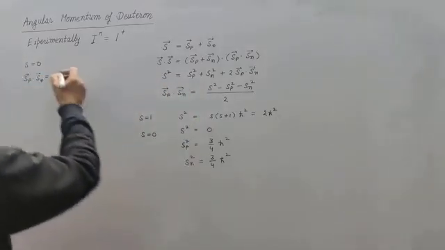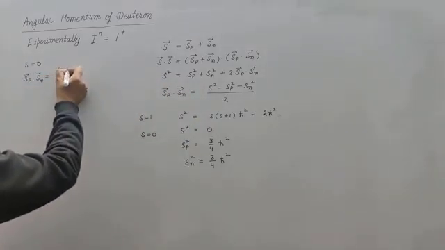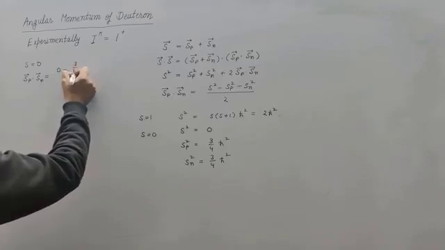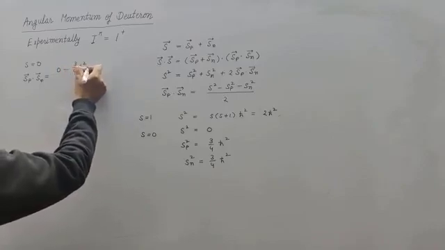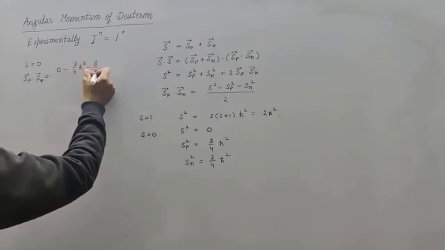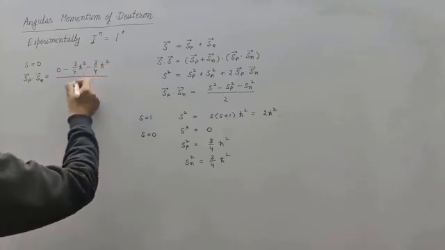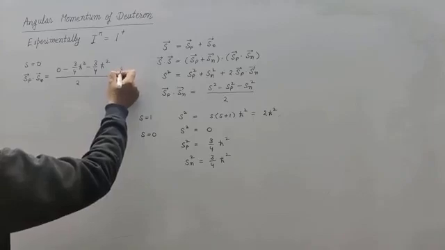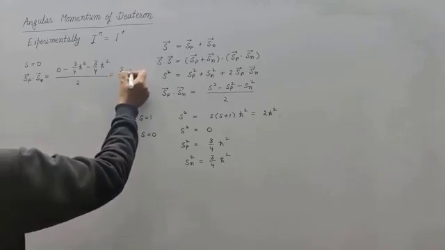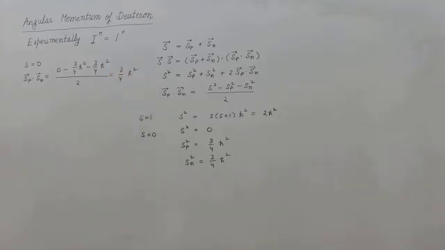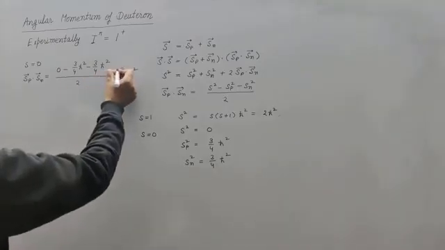This will be 0 minus 3/4 ħ² minus 3/4 ħ², divided by 2. So its value will be 3/4 ħ² with a negative sign.